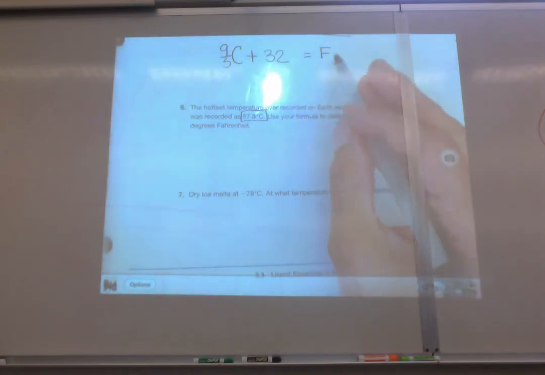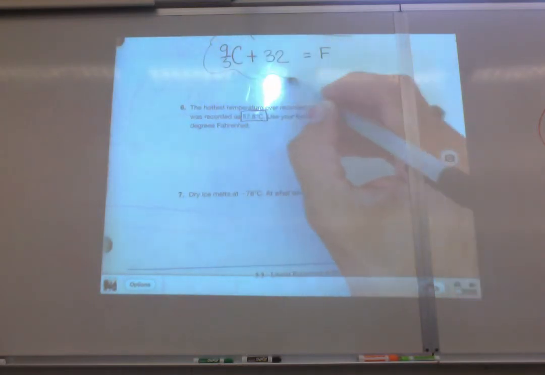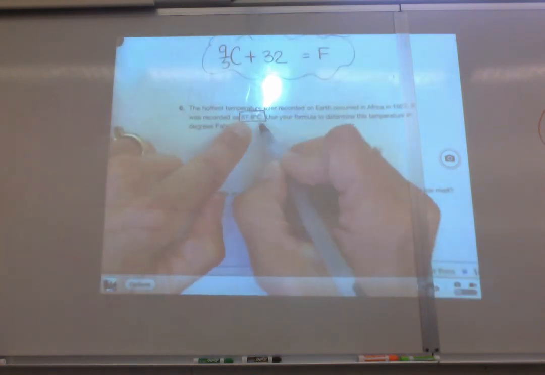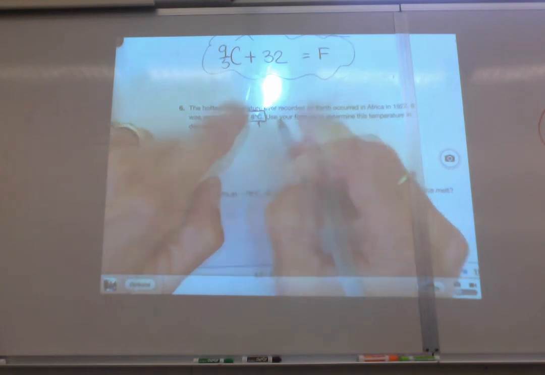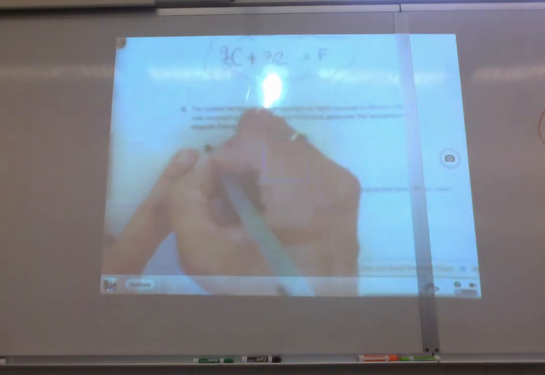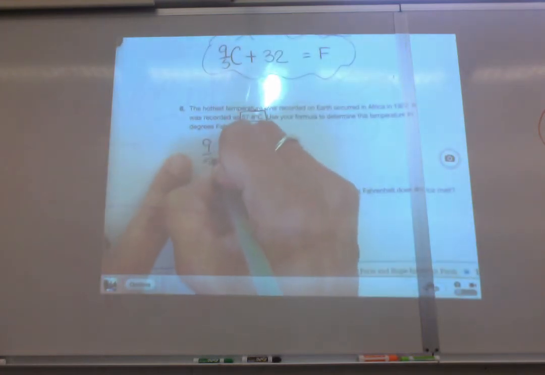We're going to use the formula we just created and figure out how high it is. This 57.8 again is a Celsius. So where do I put it in my formula? Where the C is, I'm going to substitute. Myra, are you awake? Okay, so here we go. 9 over 5.